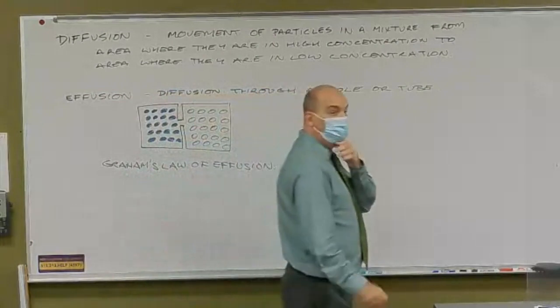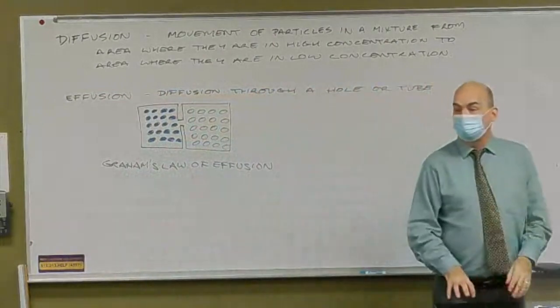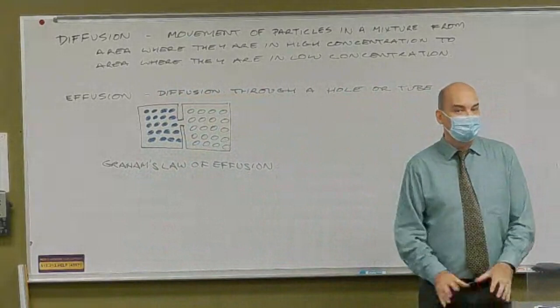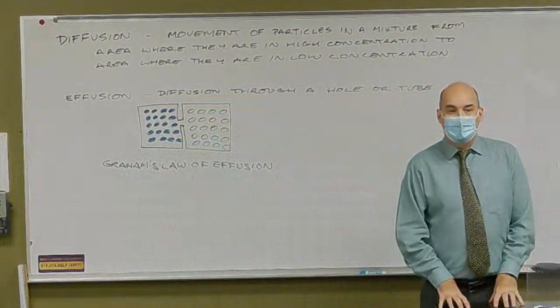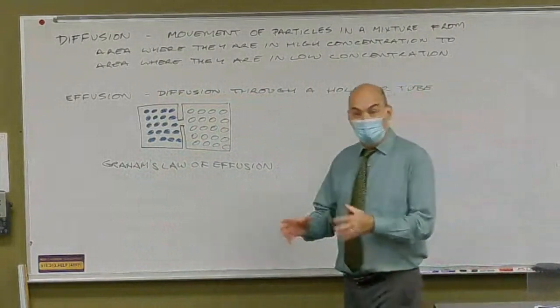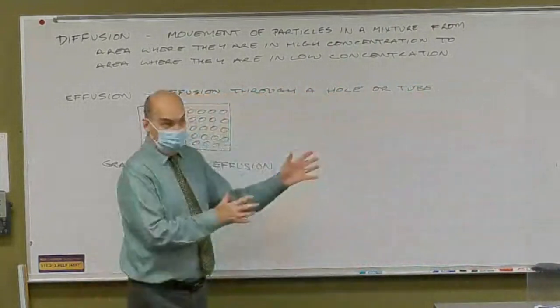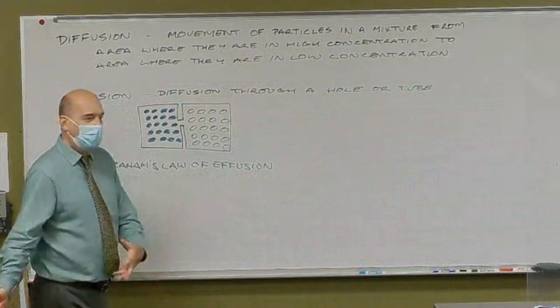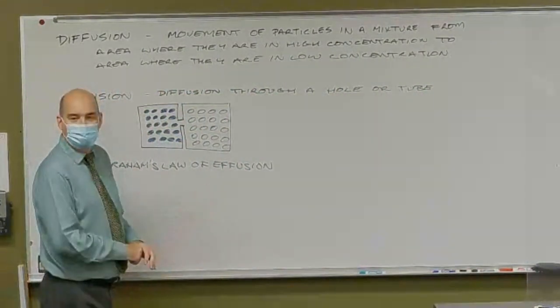We have to think about momentum. Momentum is mass times velocity, mass times speed, right? Which ties into the energy. So if you have something that is small and light, you can pick it up and throw it far. If you've got something that's big and heavy, you cannot pick it up and throw it nearly as far.